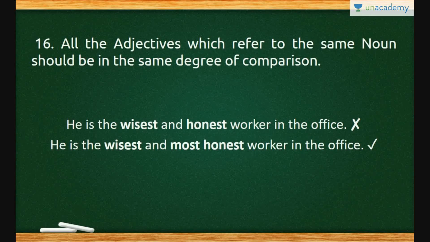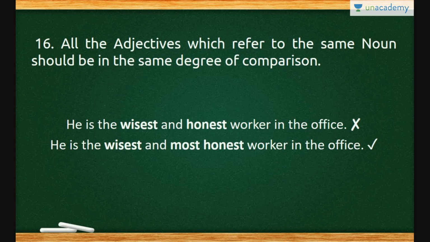The next rule states that all the adjectives which refer to the same noun should be in the same degree of comparison. He is the wisest and honest worker in the office.